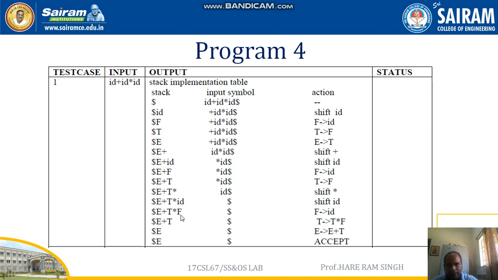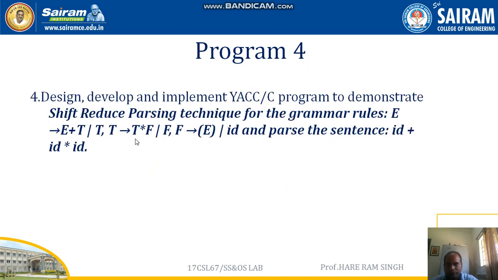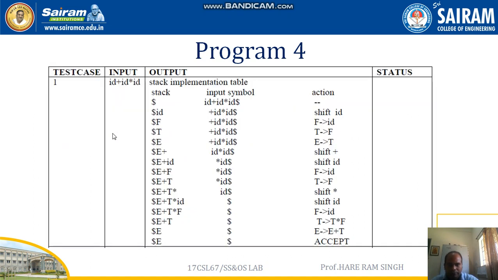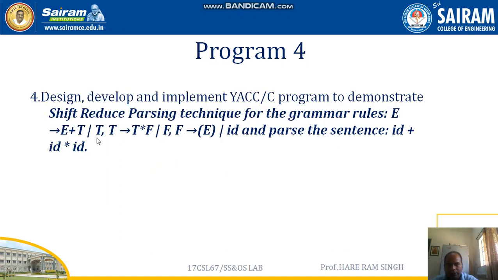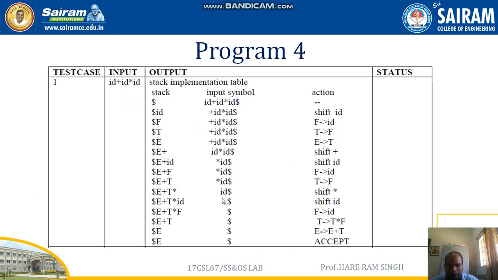Now id is replaced by F. Here id is replaced by F, and T * F can be replaced by T. Let us see the grammar. T * F can be replaced by T. Now E + T can be replaced by E, according to the grammar.